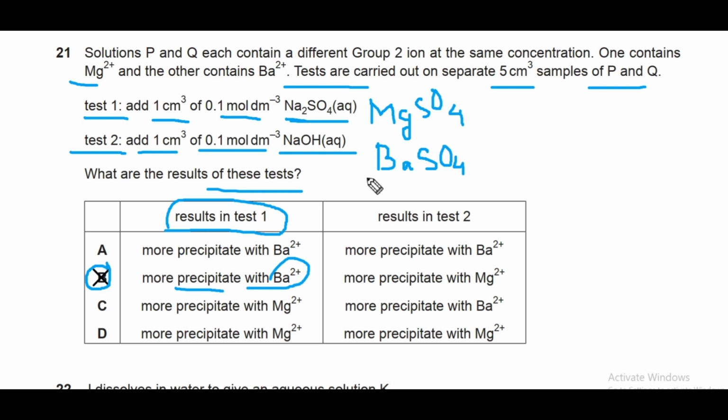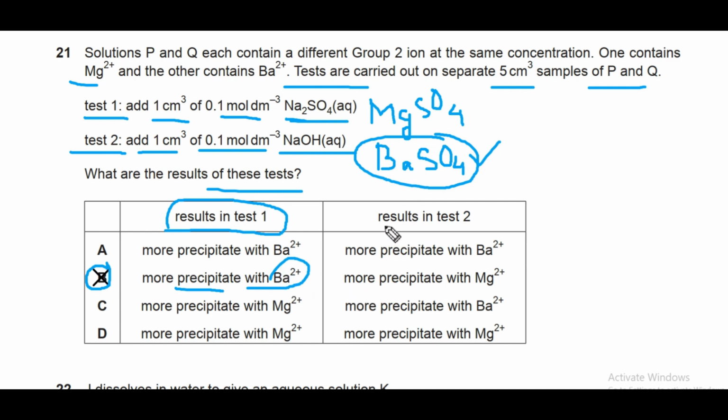And you know, group 2 sulfate solubility decreases down the group, so more barium sulfate will be produced. Why? Because barium sulfate is less soluble, so this precipitate will be more.